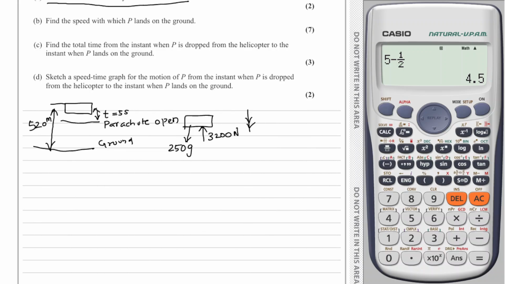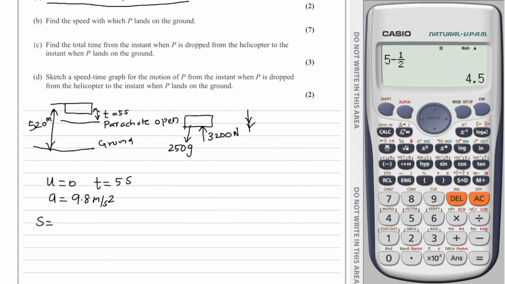Initially it is at rest, u is equal to 0, and the time t is equal to 5 seconds. We need to calculate how much distance it falls. Here we know that it is downward vertical motion, so a is equal to 9.8 meters per second squared. We need to identify the s value.